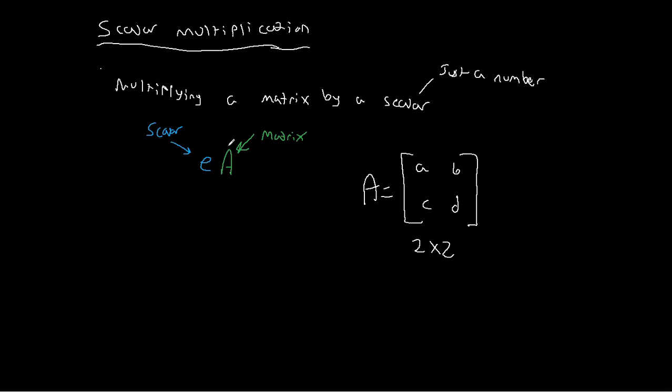And we're going to multiply A by this scalar we called E. So what is it going to look like to have E times A? Just like with addition and subtraction, we're not going to change the dimensions. So A times E is still going to be a 2x2 matrix.